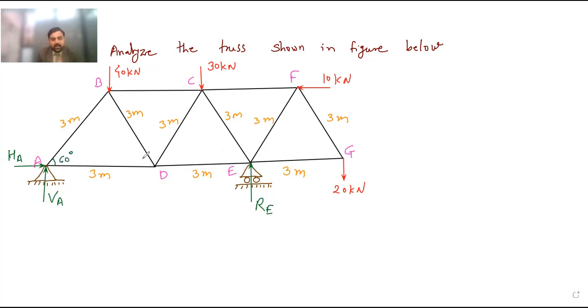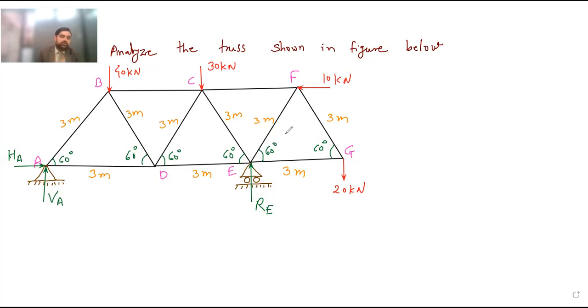You can use tan theta, sin theta or cos theta, because all the sides are known to you. Here also the same case, 60 degree. This angle is also 60 degree. This angle is also 60 degree. And this is also 60 degree. So everywhere they have given you the dimension 3 meter. So each and every side in this given truss is 3 meter.